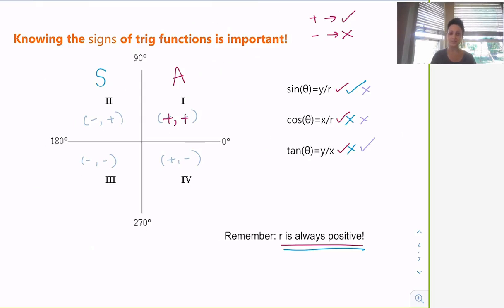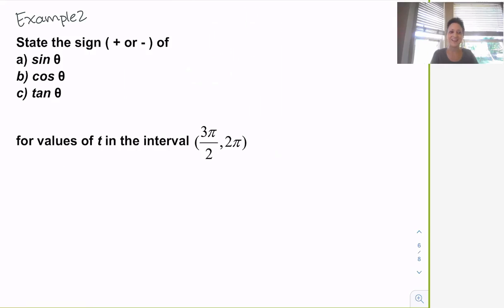So the only positive trig function out of these 3 in quadrant 3 is tangent. So I'm going to put a T there. All right, last quadrant 4. See if you can do quadrant 4 on your own. Okay, so the only positive trig function out of these 3 in quadrant 4 is cosine, since x is positive and y is negative.